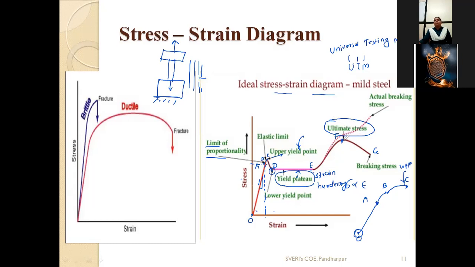Now you observe from F to G. So now the load carrying capacity of this bar is over. This bar is going to break. That's why the necking region is formed. So what is meant by necking region? See our head and our shoulder.